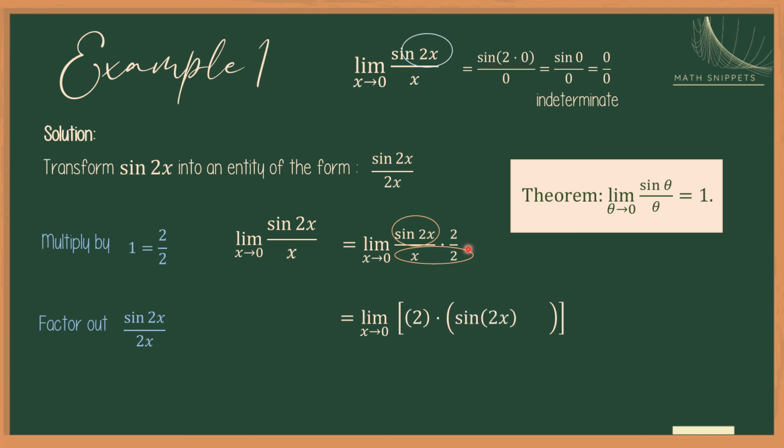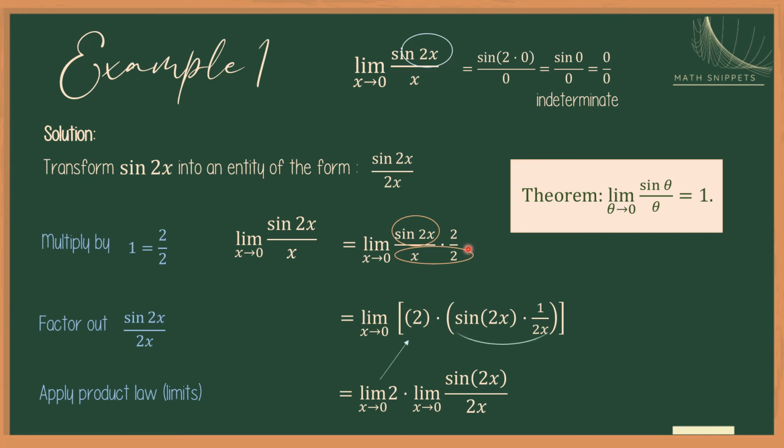So we're left with a constant multiplier which is equal to 2. So we just rewrite that, and then we will apply the product law. That is, we distribute the limit to the factors. Okay, so we have the limit of a constant, and then we have the limit theorem. Now, as x approaches 0, 2x also approaches 0.